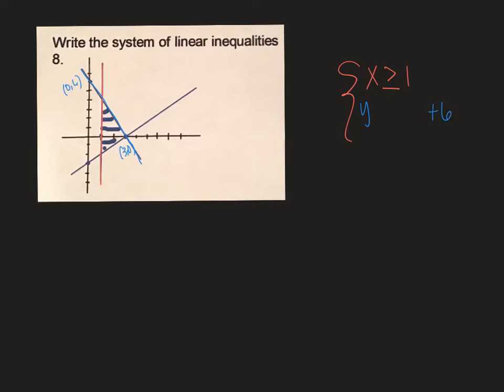And then we know that it's going to intersect this point at 3, 0. So I'm going to go down 1, 2, 3, 4, 5, 6 over 1, 2, 3. So 6 over 3 simplifies down to 2. So that's going to be my slope.